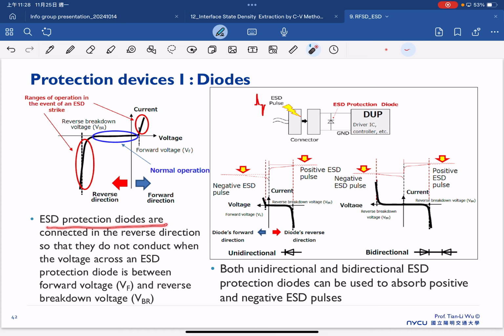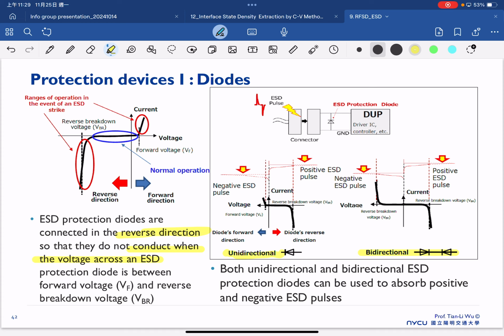ESD protection diodes are connected in the reverse direction, as shown here, so they do not conduct current under normal voltage across the ESD protection diode. Typically it doesn't operate; it only operates when the ESD strike happens. We have two kinds: one is unidirectional and the other is bidirectional, where two diodes are placed in series with each other.